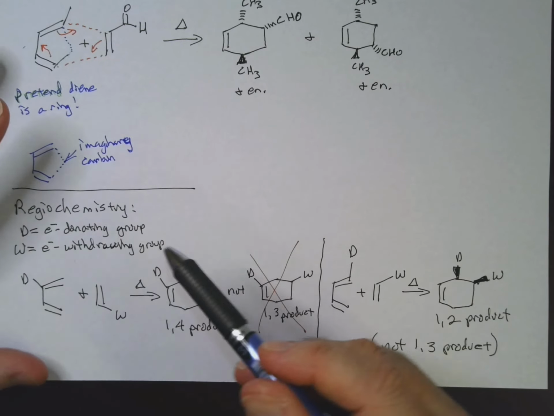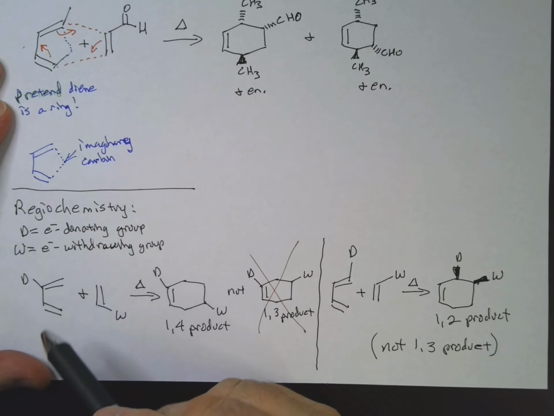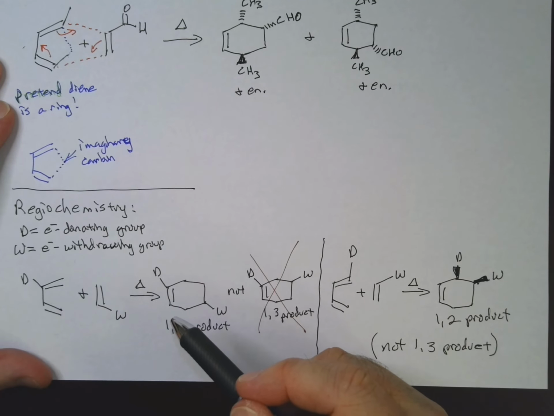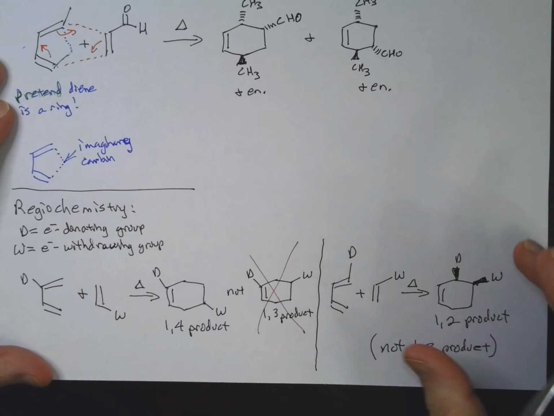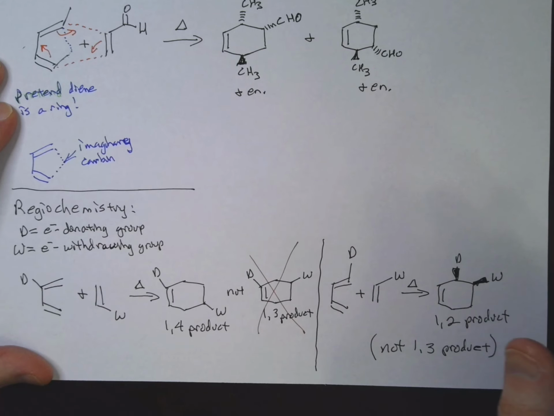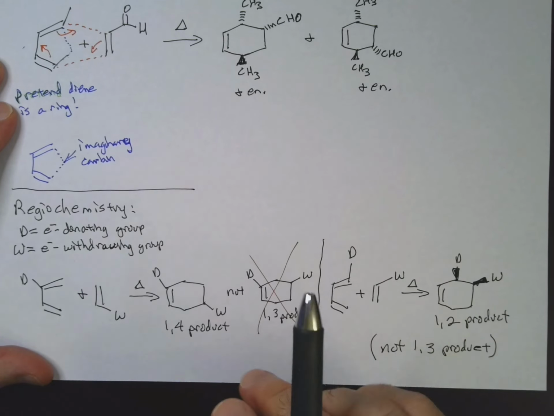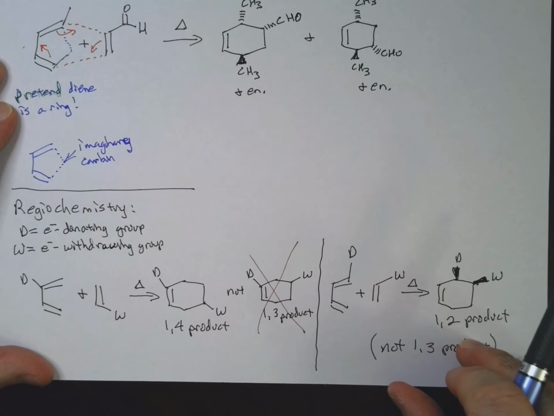So you could, for example, draw some resonance structures with positive and negative charges, and your negative and positive charges should line up to show you how things would orient. If you really want to do that, I can take some time in lab or something to show you what it would look like. But I think it's easiest just to remember you don't get 1,3. You either get 1,4 or 1,2.